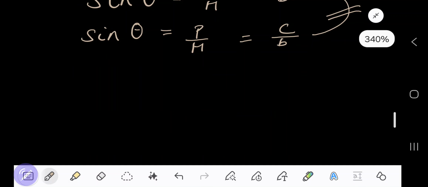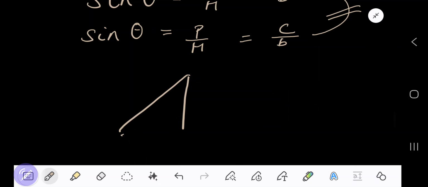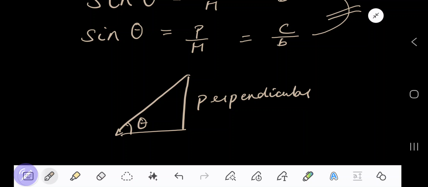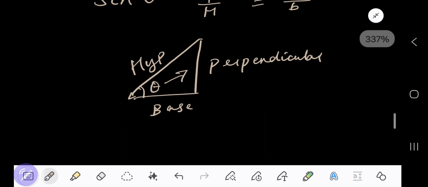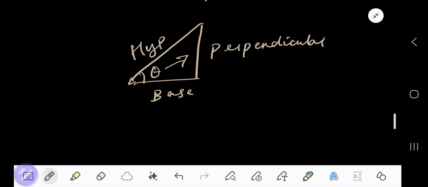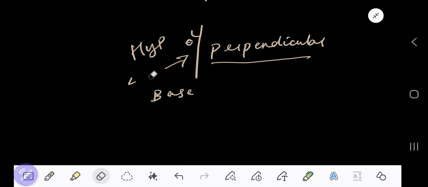So suppose you have a right angle triangle, and in this case this is your reference angle. The side opposite to the reference angle will always be the perpendicular. Side adjacent is base and the longest side is always hypotenuse. Remember that. So if theta was here and not here, let me just redraw this.